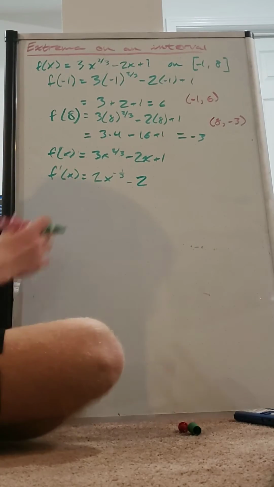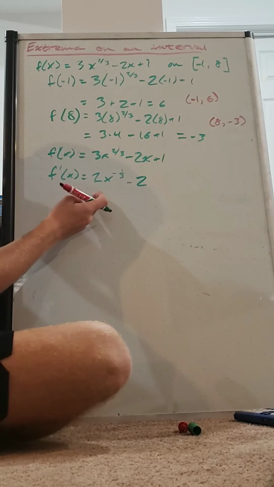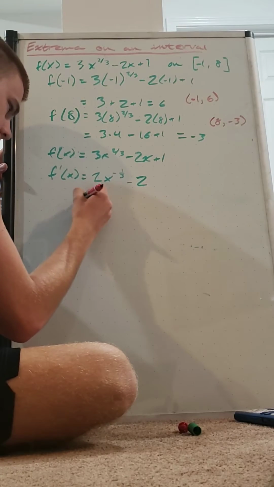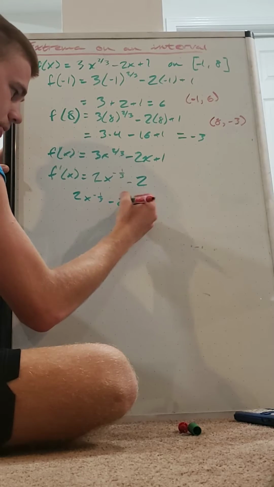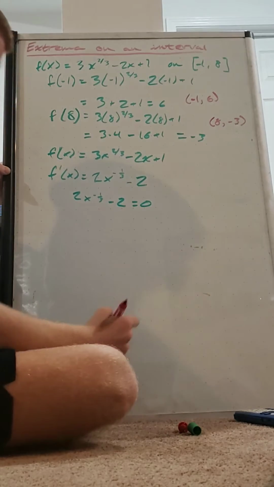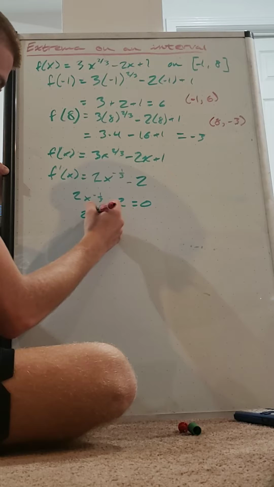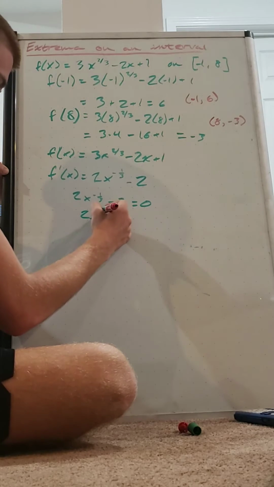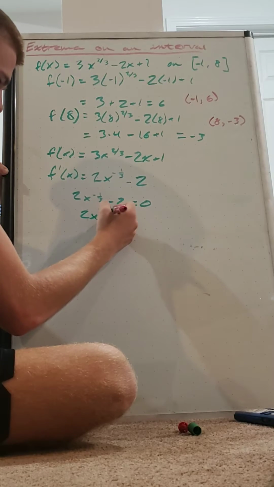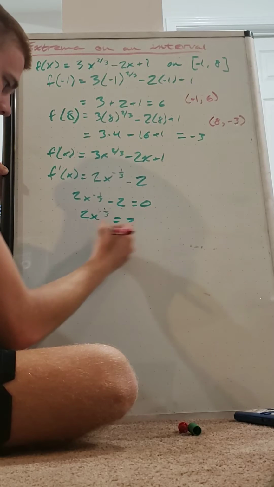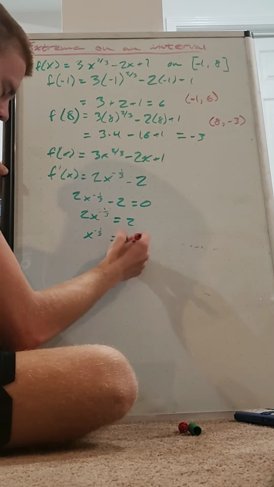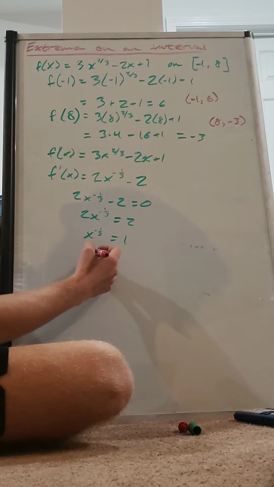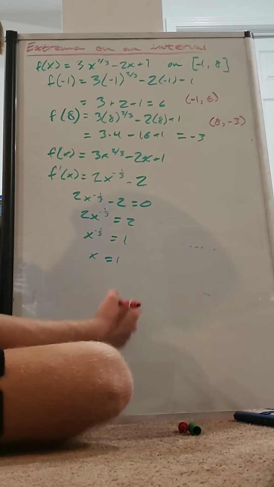And again, we set this equal to 0 and solve for x. So we have 2x to the -1/3 minus 2 equals 0. And from here we get 2x to the -1/3 equals 2, x to the -1/3 equals 1, and that tells us that x equals 1.